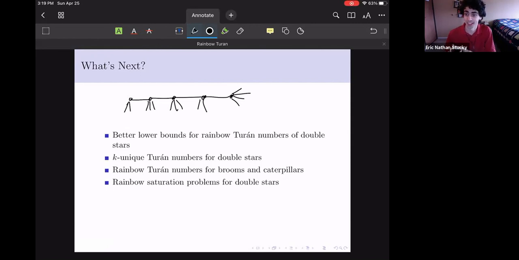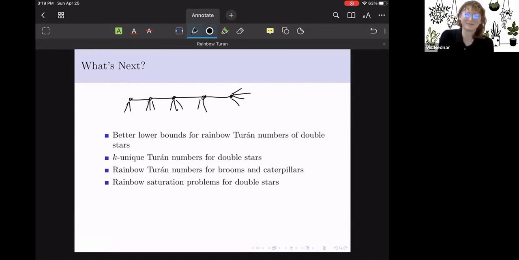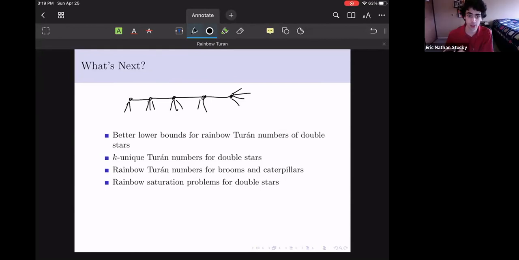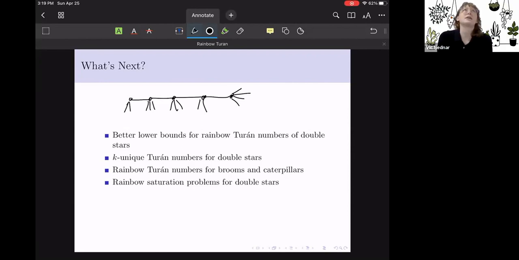If there are no other questions, I have another one. Why do you say your first thing on this list is to improve the bounds that you have? Is it easy to say why you believe you should be able to push in that direction? Yeah, so for the double stars, with the bounds that we have so far, the reduction method means we don't have to add many more edges for the double stars.